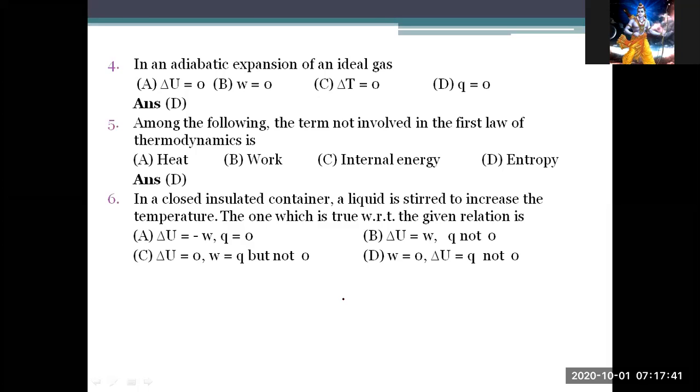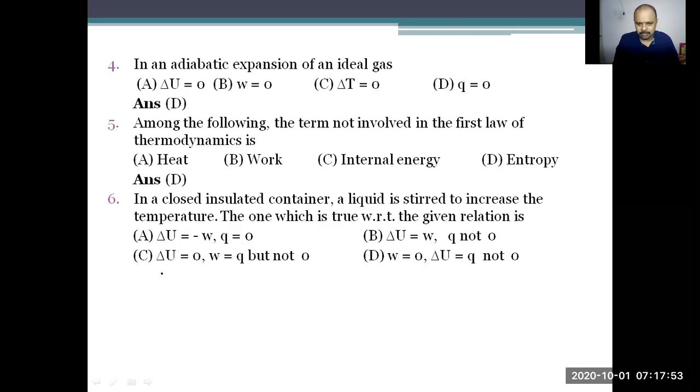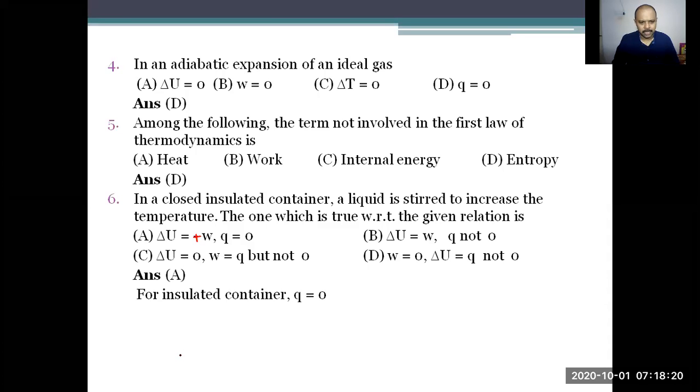Now when Q is equal to 0, as per first law, delta U is equal to Q plus W, so delta U is equal to W. Actually, most appropriate is option A. They have given a minus sign, but because stirring the liquid is like doing work on the system, it has to be plus W. For an insulated container, Q is equal to 0, so delta U is equal to W is correct. Option A.